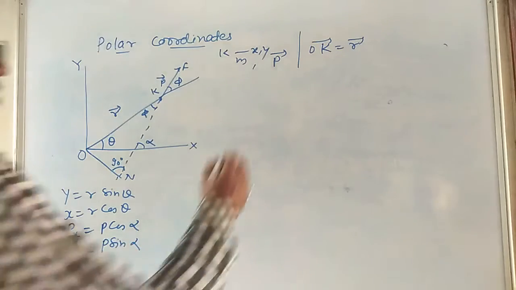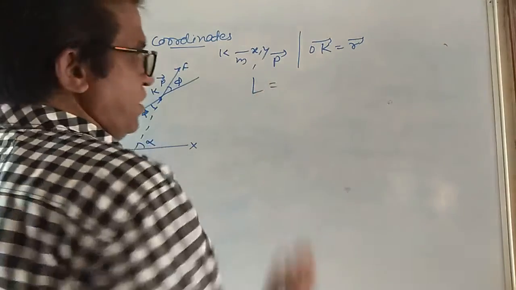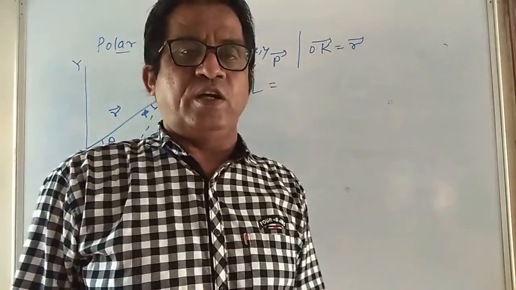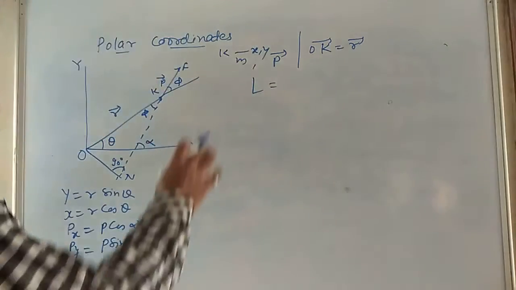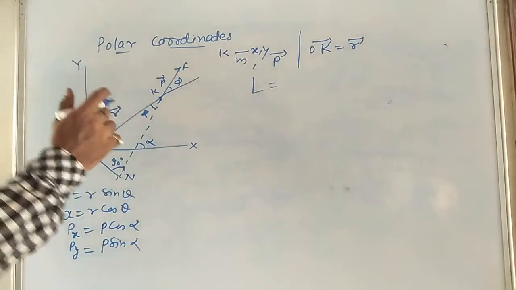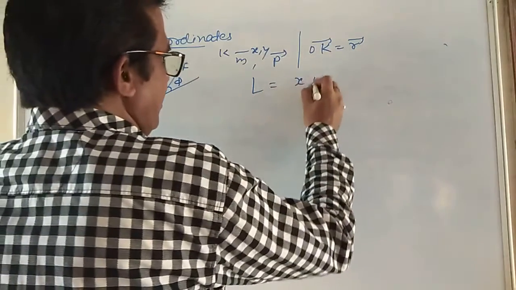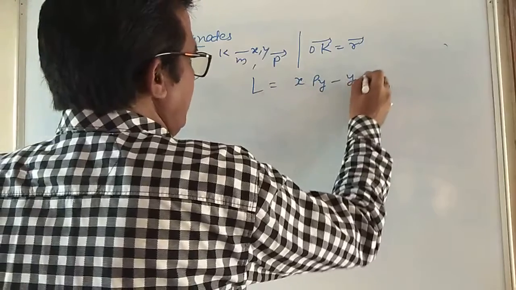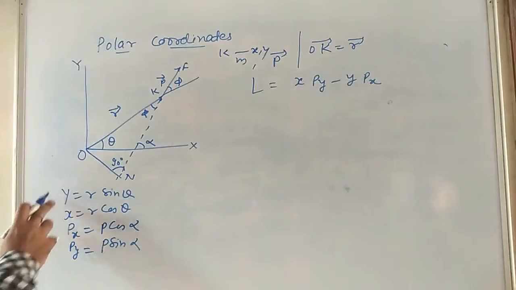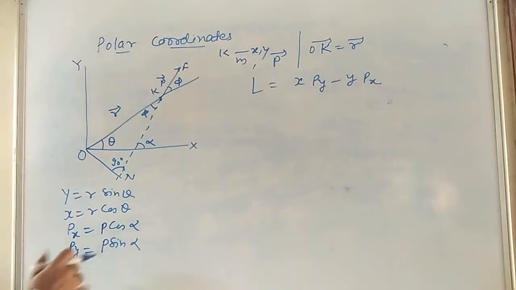Now, earlier our equation of angular momentum in Cartesian coordinates, that we know, xpy minus ypx. x, y, px and py are there.